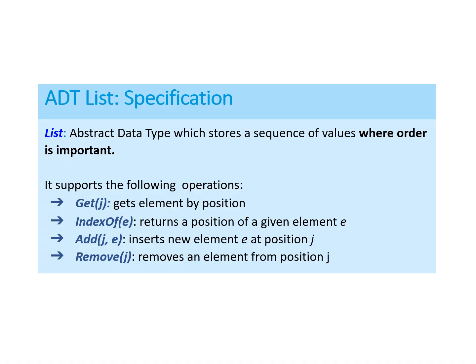Insert a new element at position j, or remove an element from a given position j. Note again that at this point it is just an idea, our desire, our dream, but now we will discuss how to bring this idea to life.